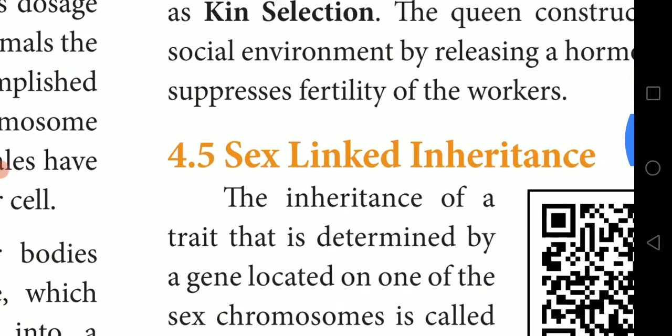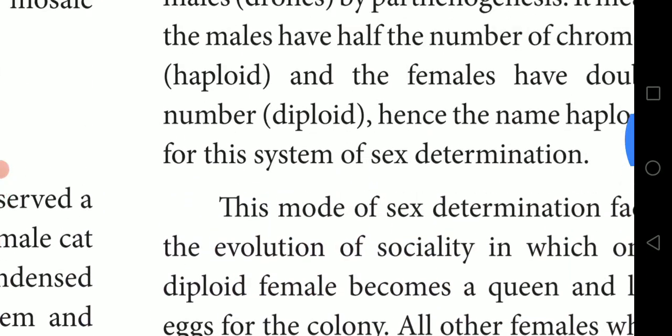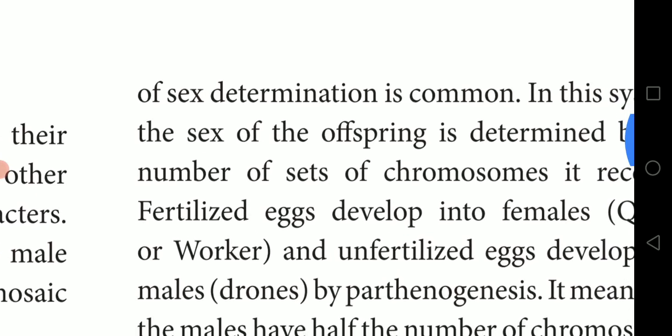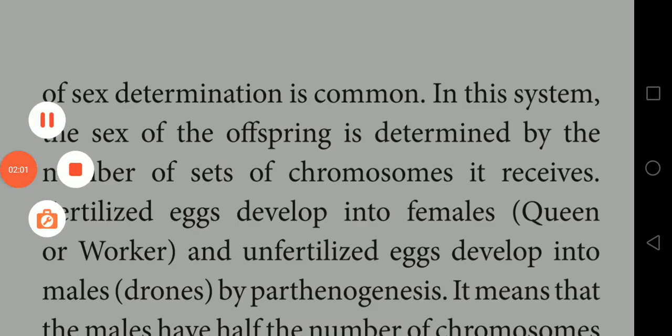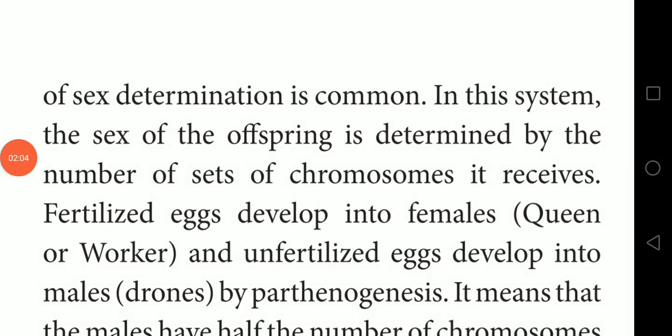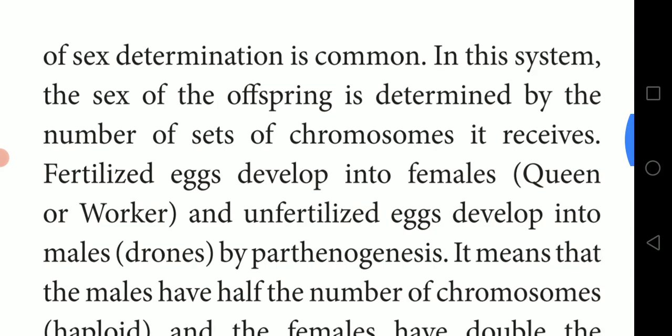Here the haplodiploidy mechanism of sex determination is common. In this system, the sex of the offspring is determined by the number of sets of chromosomes it receives. Fertilized eggs develop into females, that is, queen or worker bees.